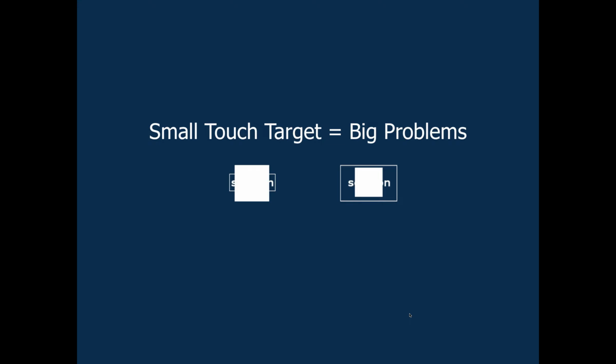Even if we design for the thumb and the person decides to use either their fingertip or finger pad, they're still going to be within the hit area of the button, whereas the fingertip design button has to have a lot of space around it to accommodate the thumb. But then if we add some buttons, now we're going to have issues with the user mistapping, hitting the wrong button, and so on.